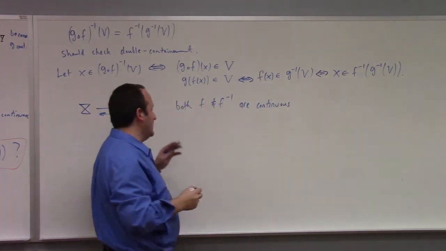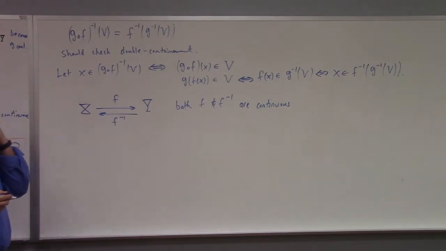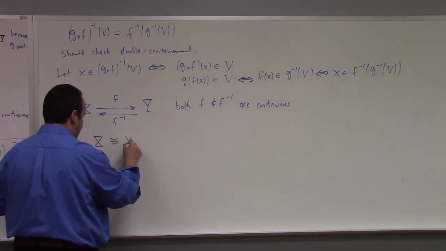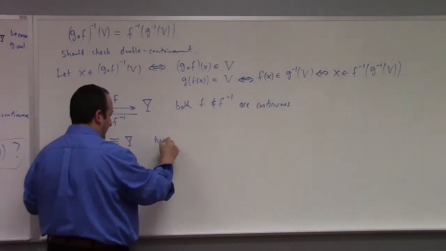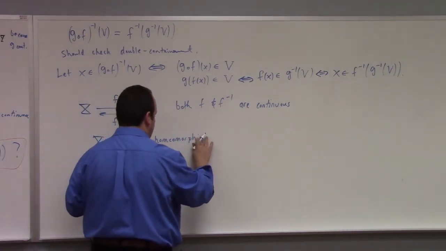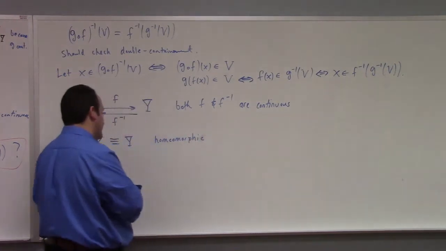I'm assuming X and Y here are topological spaces. And you have a continuous bijection with continuous inverse, then X and Y are said to be homeomorphic, and we write X homeomorphic to Y. And F is said to be a homeomorphism, right?